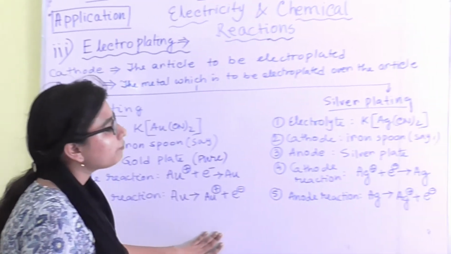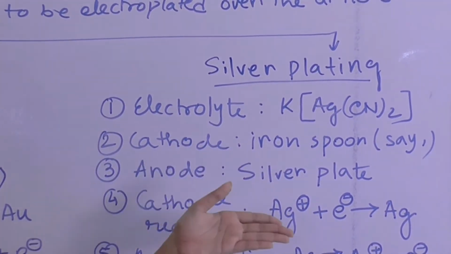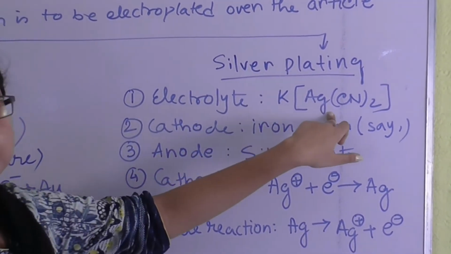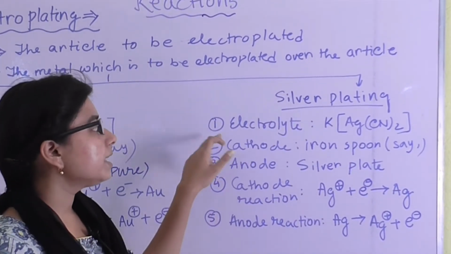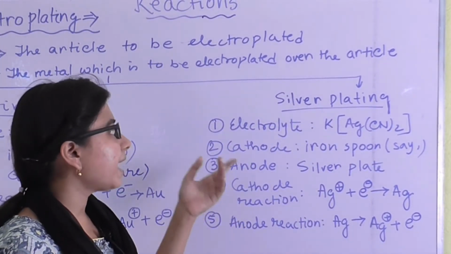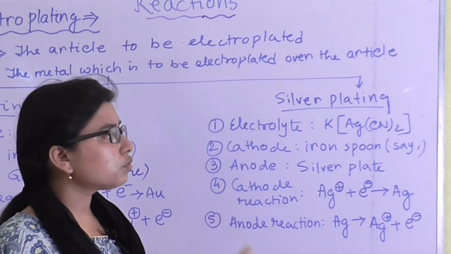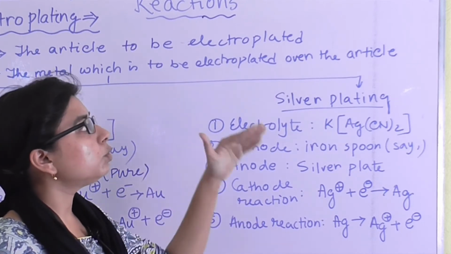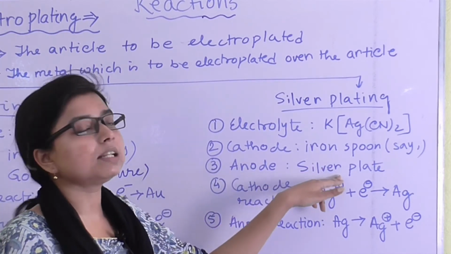And similarly, if we want to do the silver plating over the iron spoon, then we have to take potassium argentocyanide, that is KAg(CN)2, as the electrolyte, and at the cathode we have to take the iron spoon or anything which is to be electroplated. But as we want to do the silver plating, here also we have to take the pure silver plate.